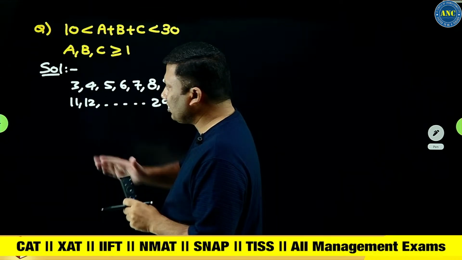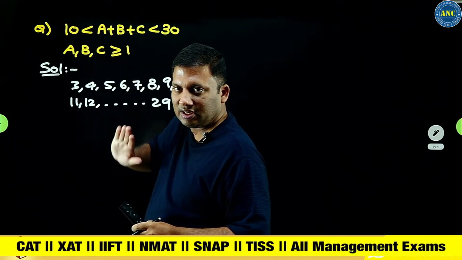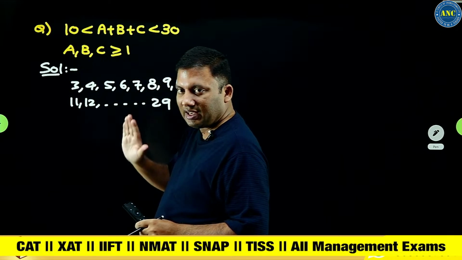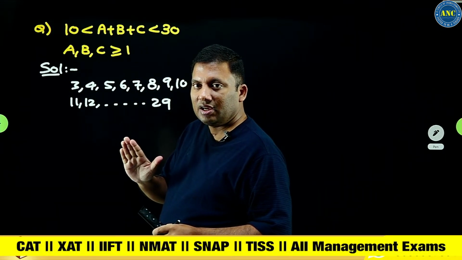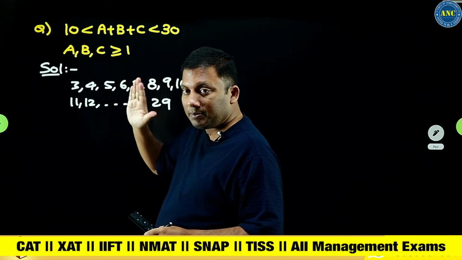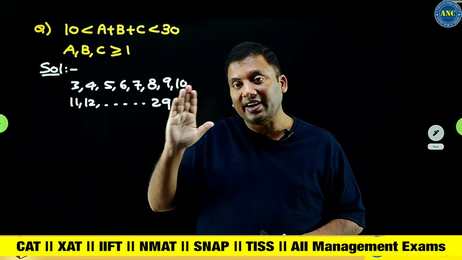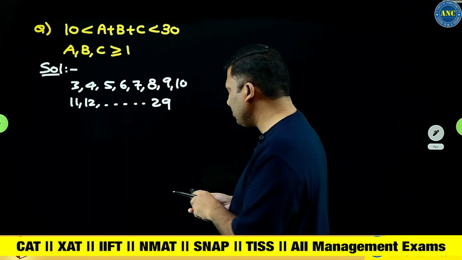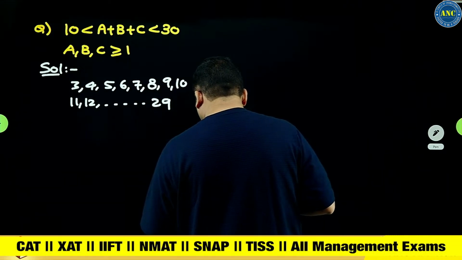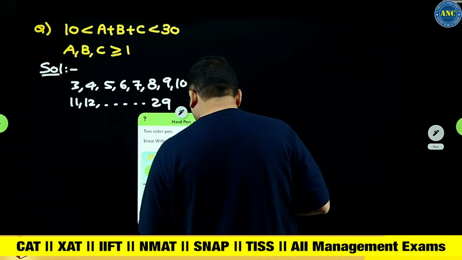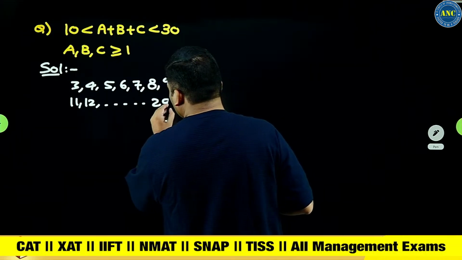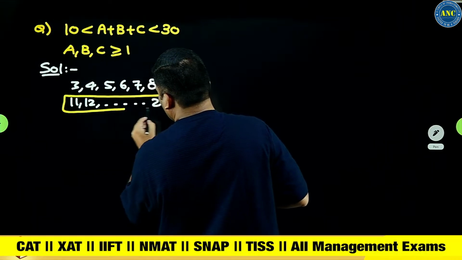But the left side is there: 10 less than a plus b plus c means a plus b plus c should be greater than 10, that means 11. That means I require only this portion. Am I right?